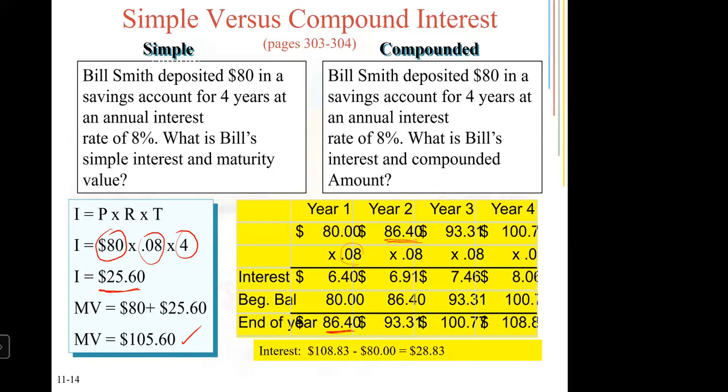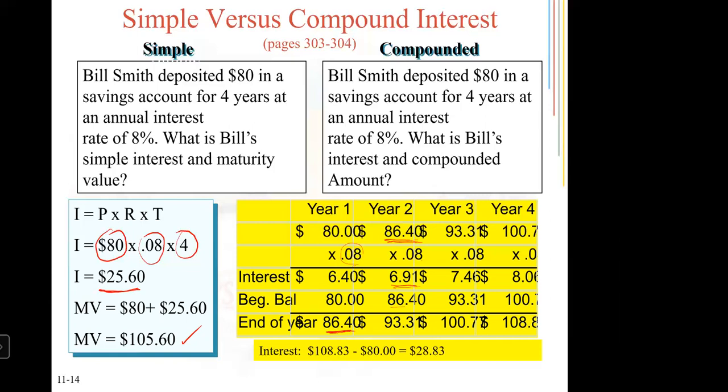So you earn $6.40 interest in year 1. So your principal now increases to $86.40. So in year 2, you're going to find 8% of $86.40, which ends up being $6.91. You add the $6.91 to your principal that you had at the beginning, which was $86.40.